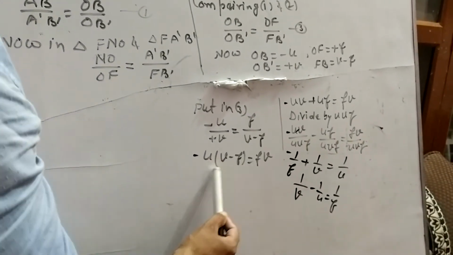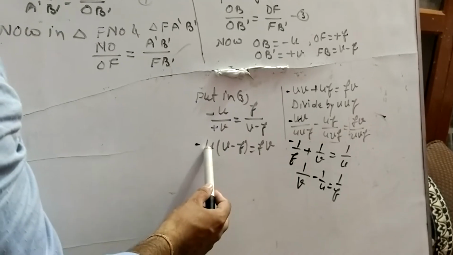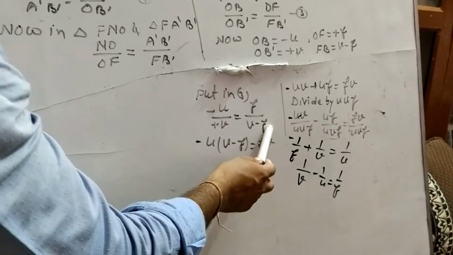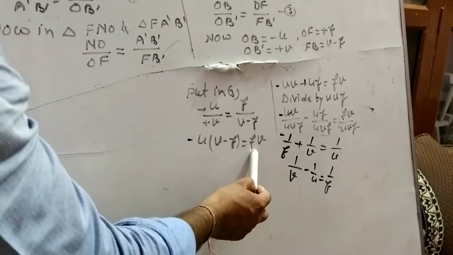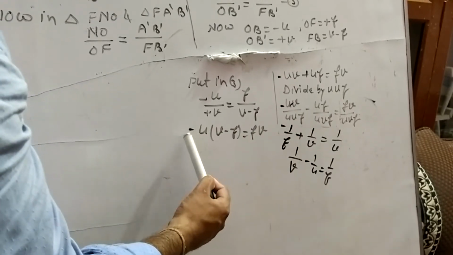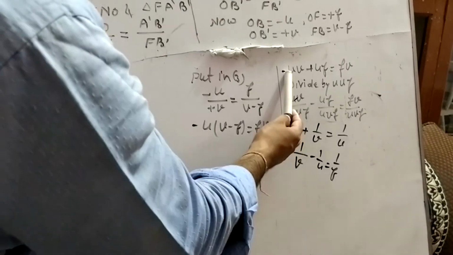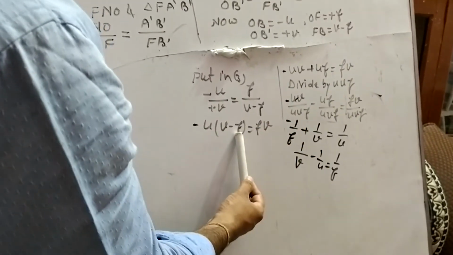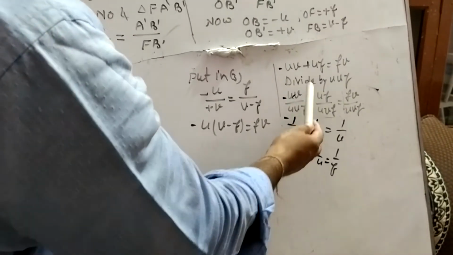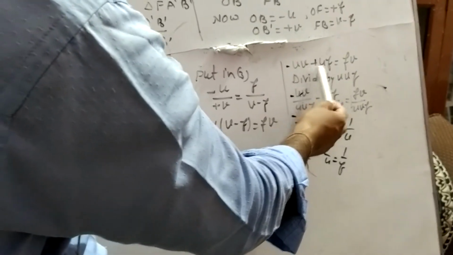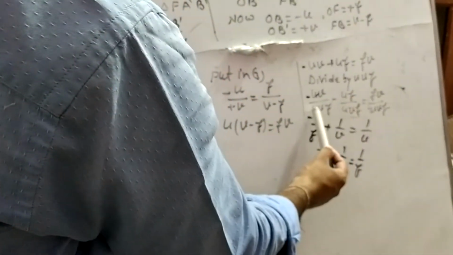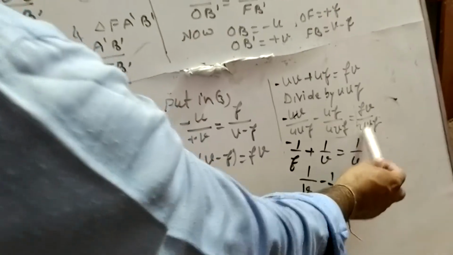Now we rearrange these equations. u into v minus f is equal to fv. Now we simplify. Minus uv plus uf is equal to fv. Divide on both sides by uvf.